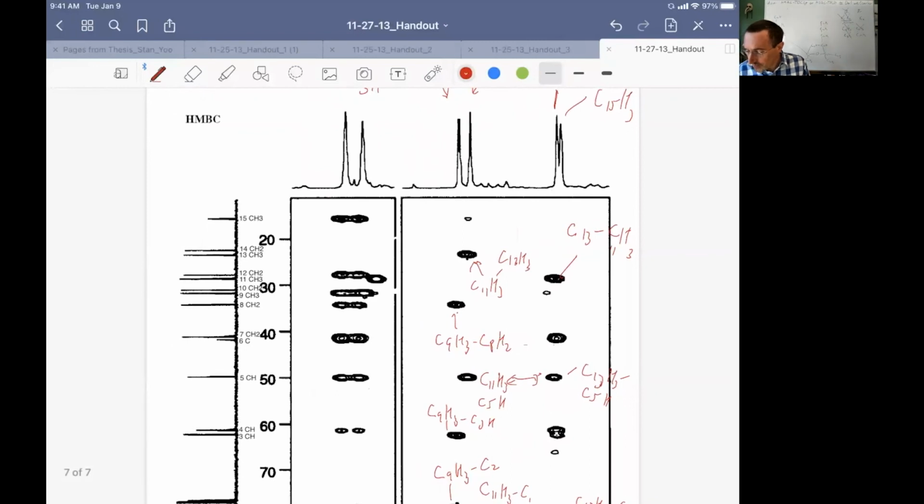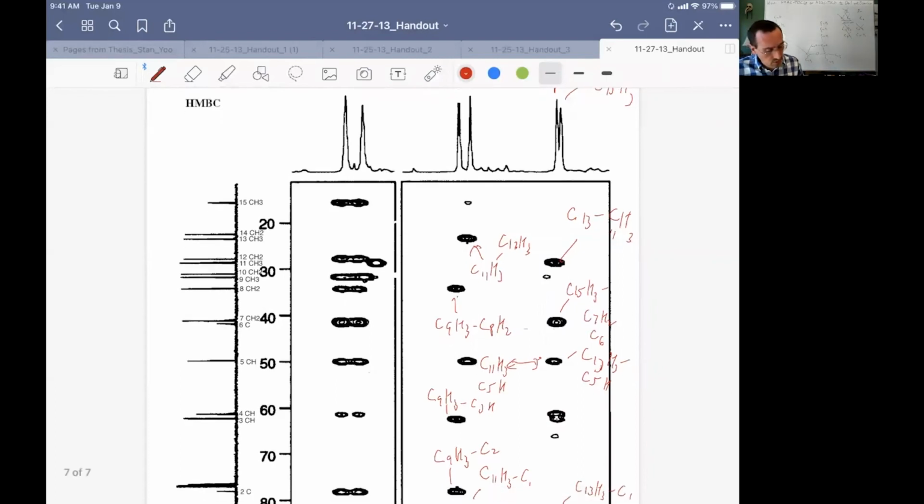So, for example, here, we can see that C15H3 is crossing with either C7H2 or C6. And it's actually going to be crossing with both because we know it's isolated. We know it's got to be on a quat to be isolated. I'll show you that in a moment.